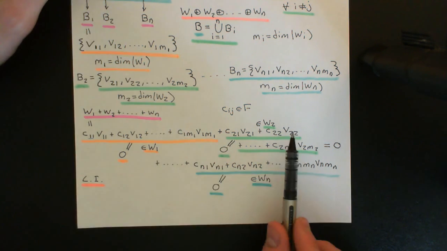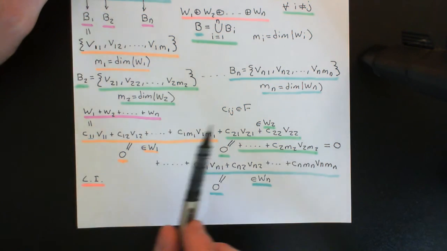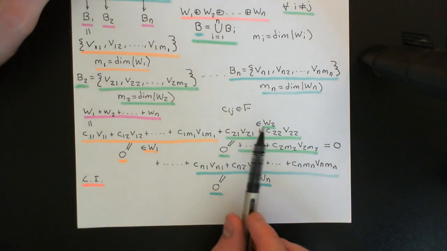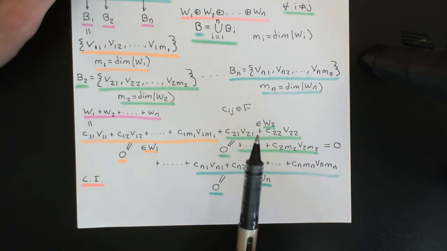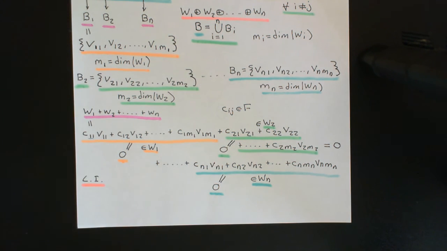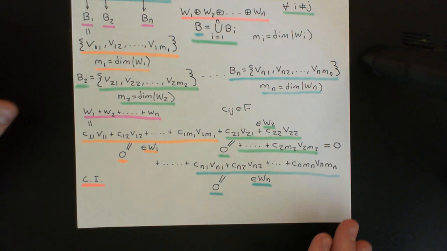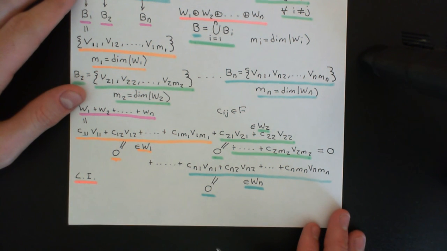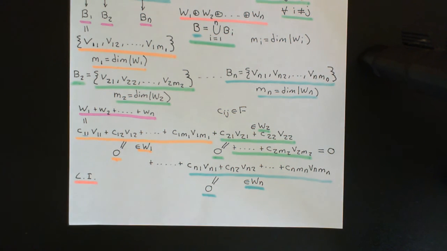So that's why, if you have a linear combination of all of these vectors in the set capital B that's equaling the zero vector, it has to be the trivial linear combination where all of the scalar coefficients are 0 in the field. And hence that proves that this set capital B is linearly independent.